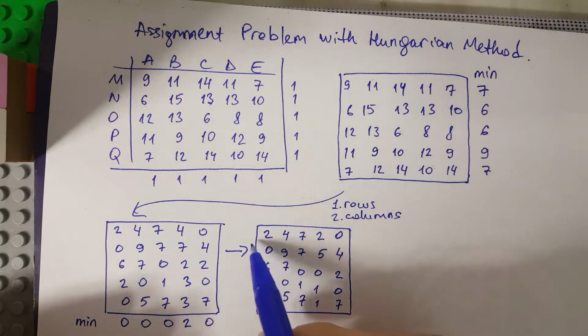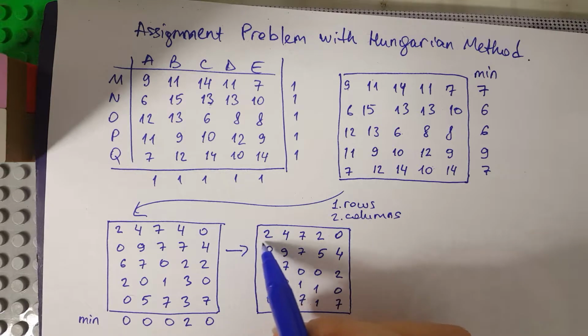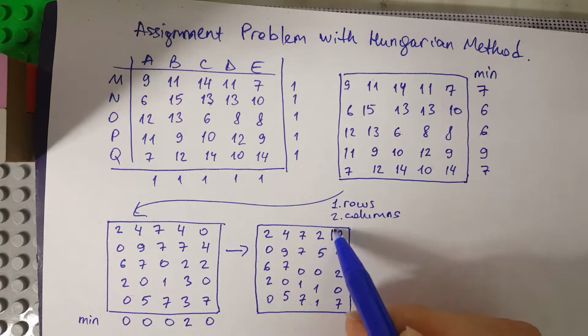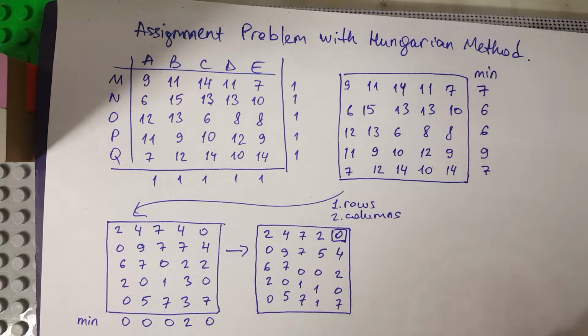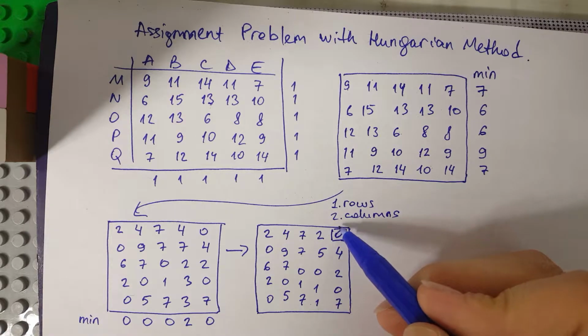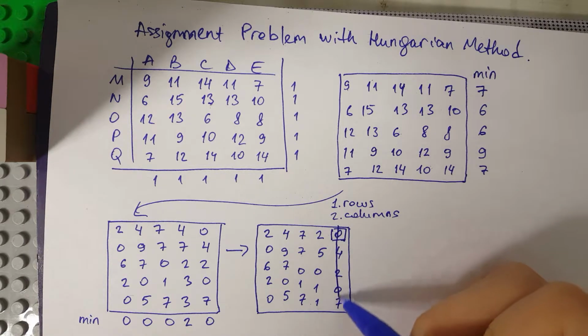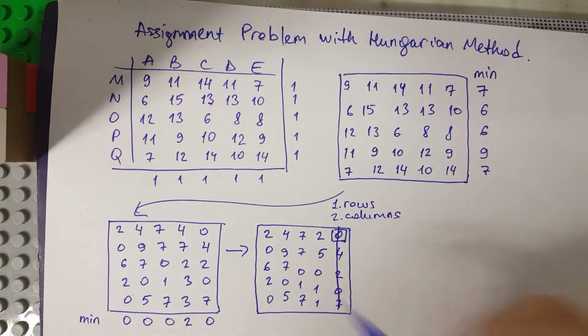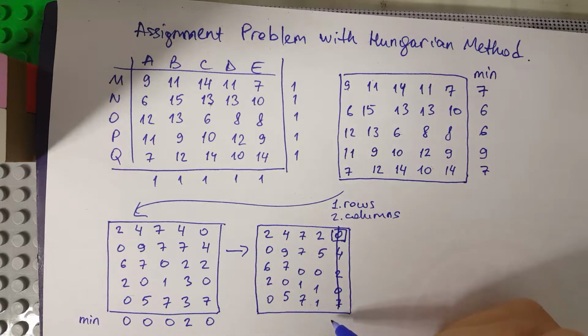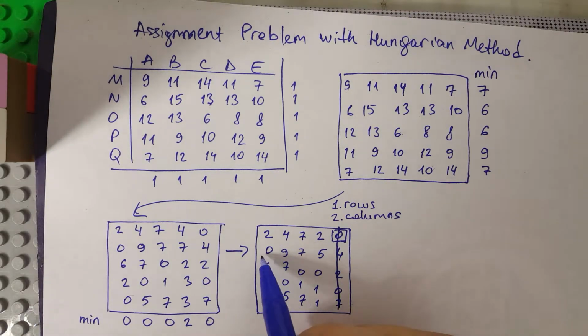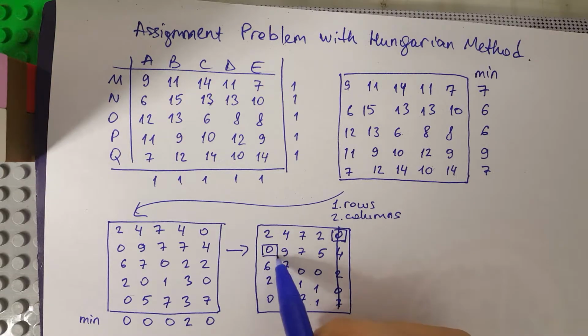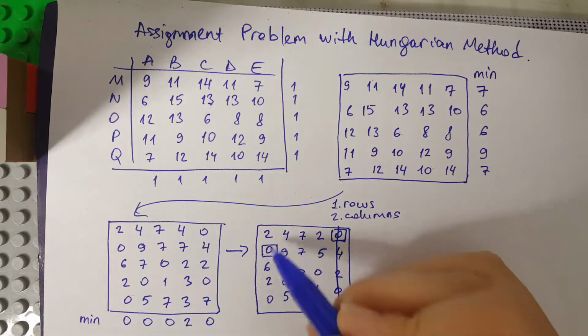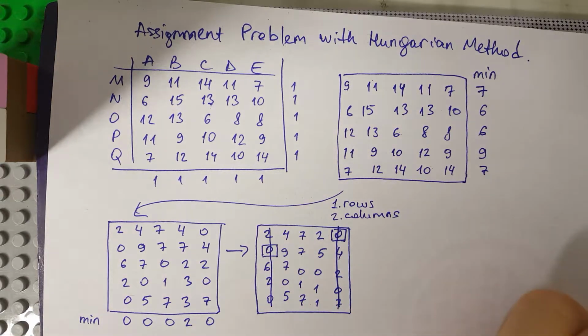If there is just one 0 in a row, for example in the first row we have just one 0, we will square it and cross out this column. Scan the row, cross the column. In the second row, here also we have one 0. Scan the row, cross the column.